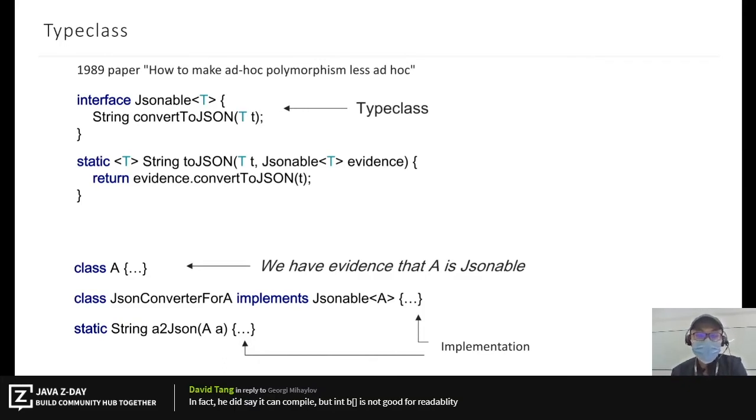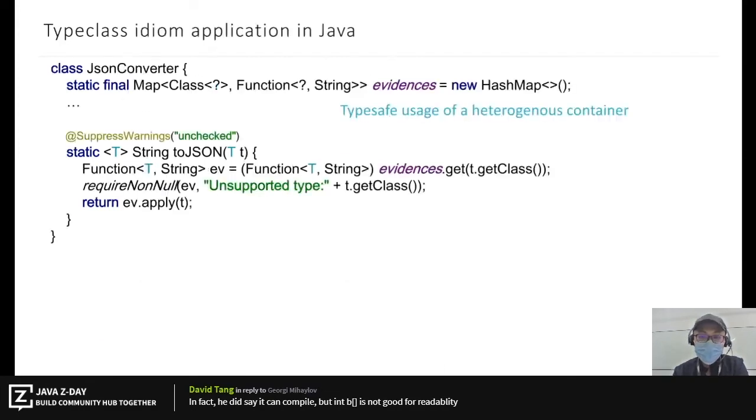In some languages like Scala, this evidence can be provided by the compiler implicitly at compile time. We don't have this functionality in Java, but still we can make it better, with the help of a heterogeneous container, like in this example.